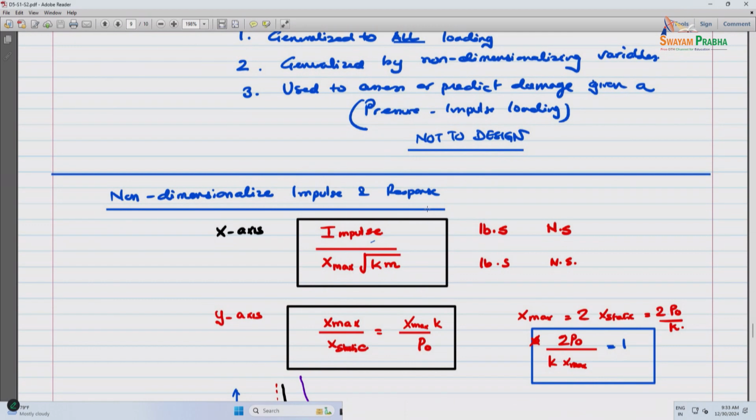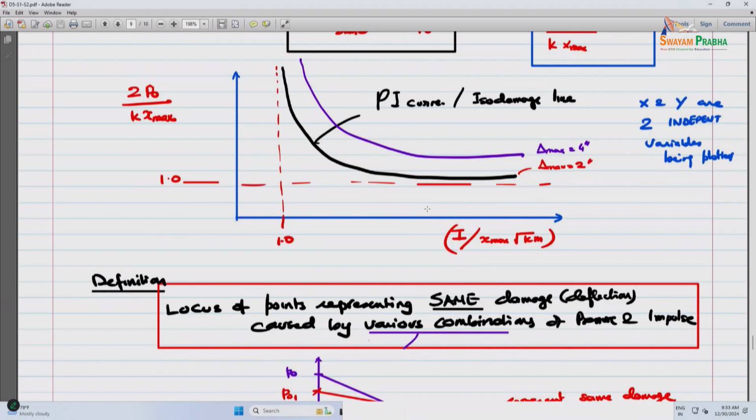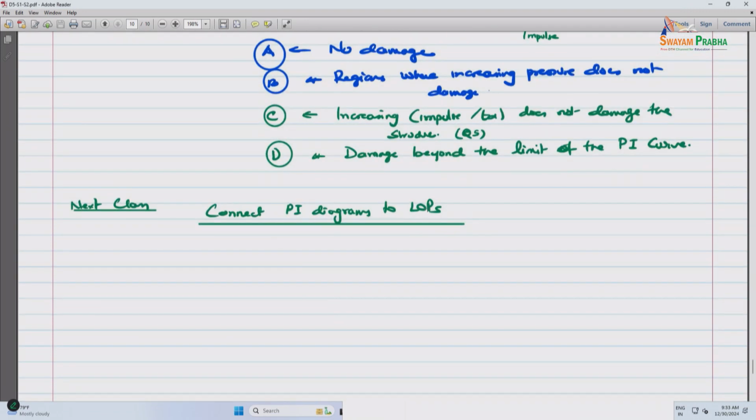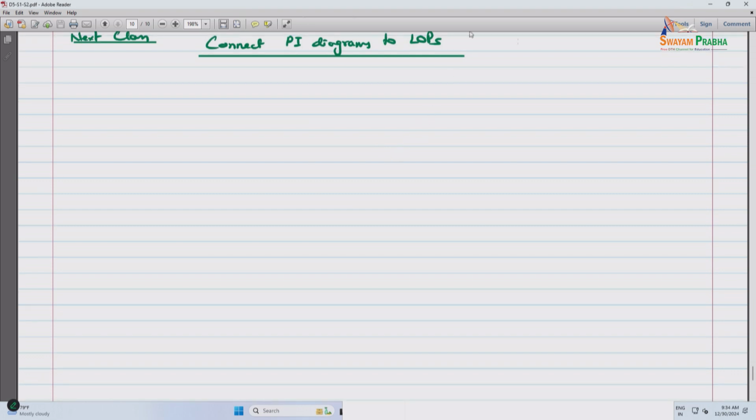And then you have here the non-dimensional responses, and we've seen something on the PI diagrams. What we were going to do was connect the PI diagrams to LOPs. I don't know if I quite have that, but we'll be doing that at least on Tuesday or Wednesday. I'll show you the different LOPs. So that's where we stopped.